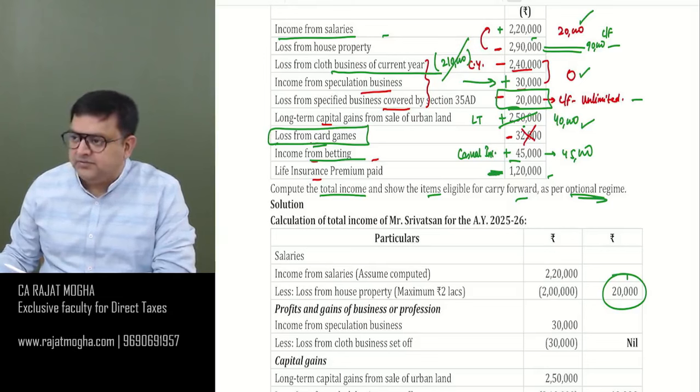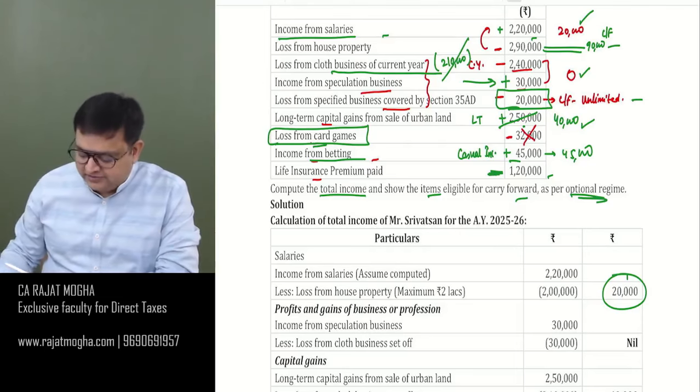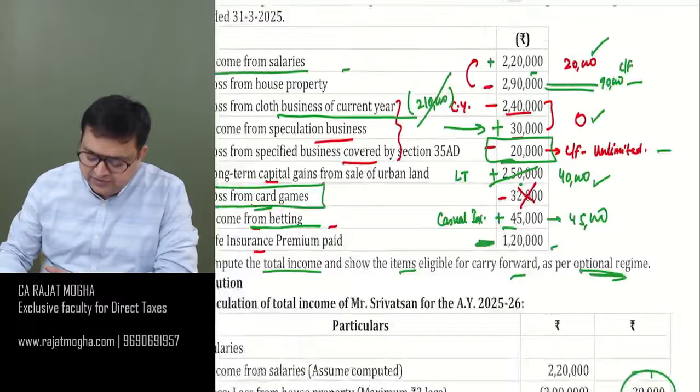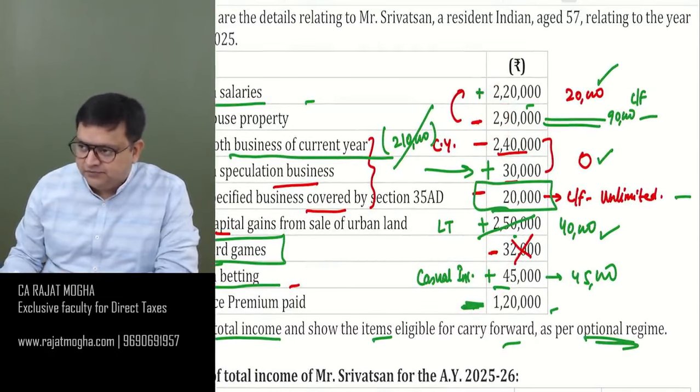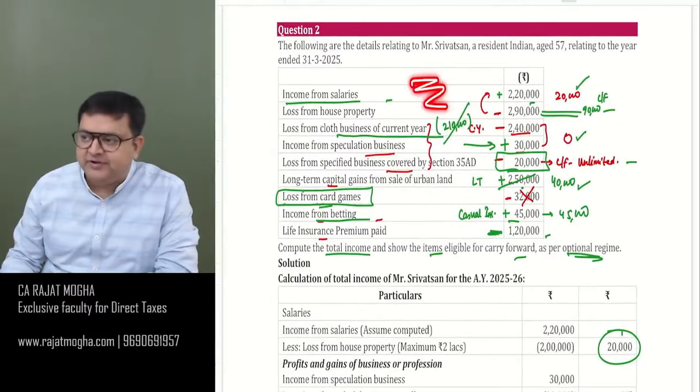In deduction? Okay, deduction chapter. Actually, there was some calculation error. What I did is I changed this amount today. Earlier it was 190. So please download this PDF of TDS.